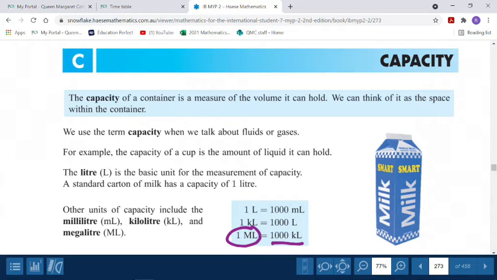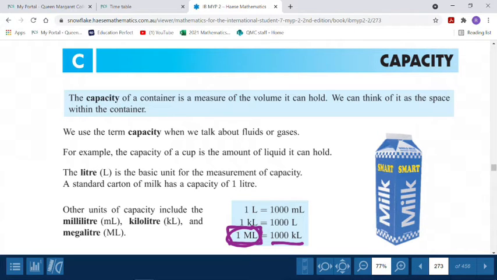For example, if you were talking about the amount of water in the harbor, kiloliters wouldn't do it, right? Because there would be thousands and millions of them. So typically, for larger bodies of water, we use what are called megaliters. And a megaliter just simply means 1,000 kiloliters.